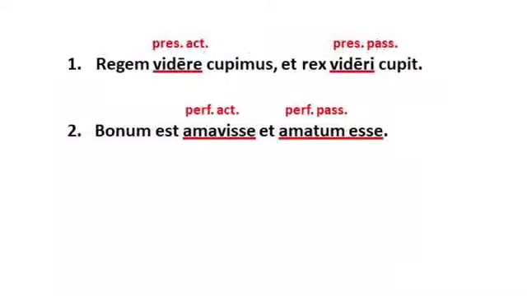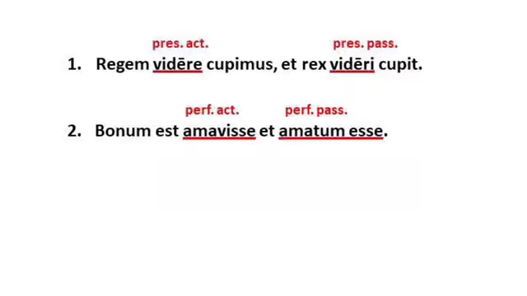You should have underlined videre and videri in the first sentence, and amavisse and amatum esse in the second sentence. According to your chart, you should have seen that videre is present active and videri is present passive. Amavisse is perfect active, and amatum esse is perfect passive.